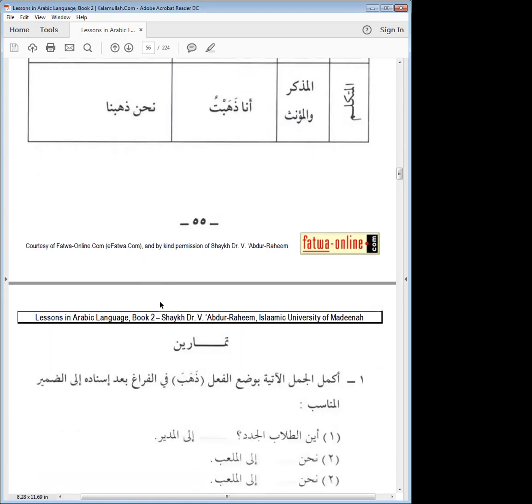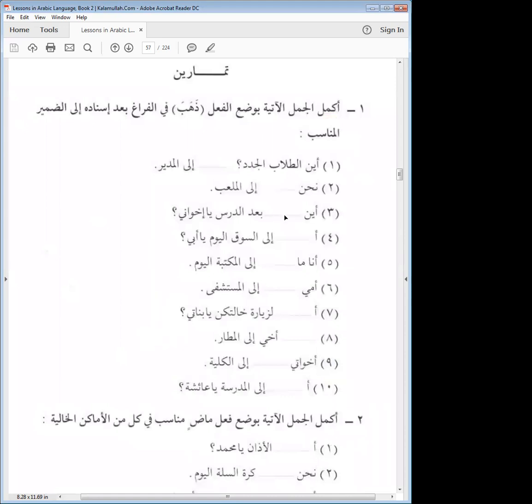So it would be aina dhahabtum. أين ذهبتم بعد درس يا إخواني, because he's speaking to the group who is performing that particular action directly. So they are the mukhatab. So therefore you have to say ذهبتم. Now, next one.